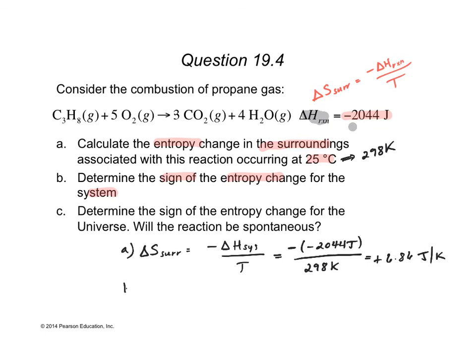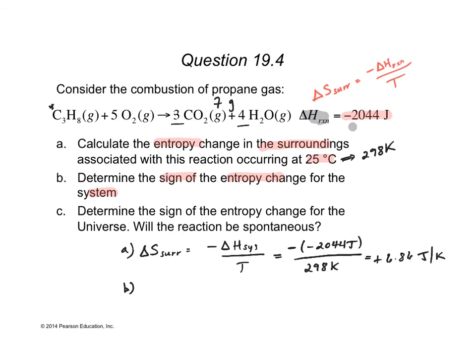Now if we look at B, how am I going to determine the sign of the entropy change for the system? I don't need an actual value. I don't need to calculate this. But how would I look at this reaction, our system, and get an idea of the sign of the entropy change? Just the moles of gas, right? So we have 3 plus 4. We have 7 gas moles on our product side.